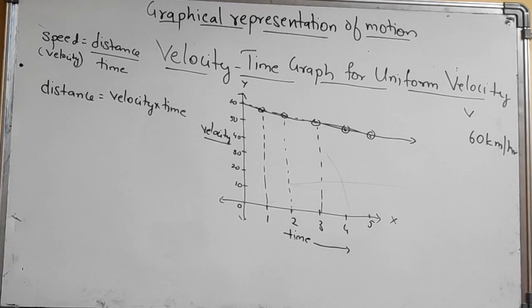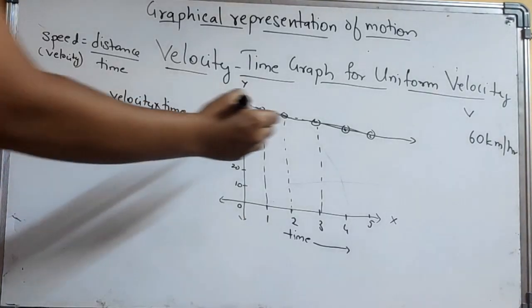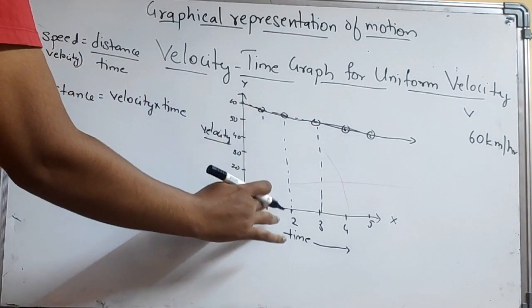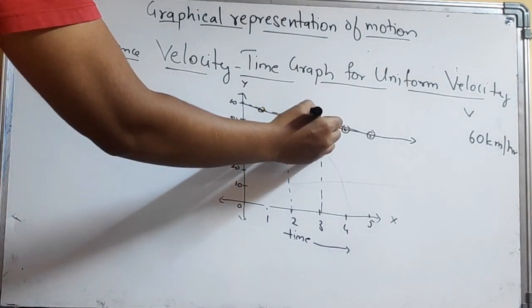Now, as I said, for uniform velocity or uniform motion, you have a straight line, and using that straight line, you will be able to find out the distance or the speed at any given point. So we'll consider these 2 points. I'll just erase this line. We'll consider this point and this point.